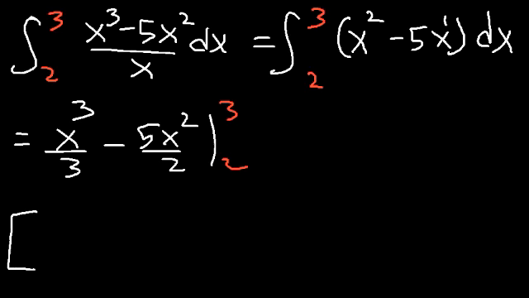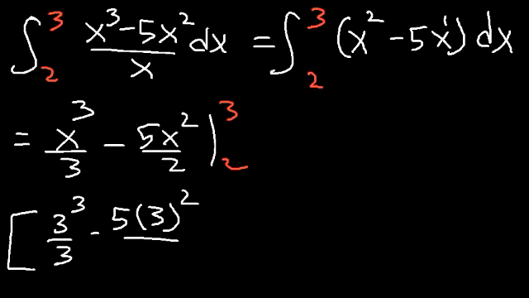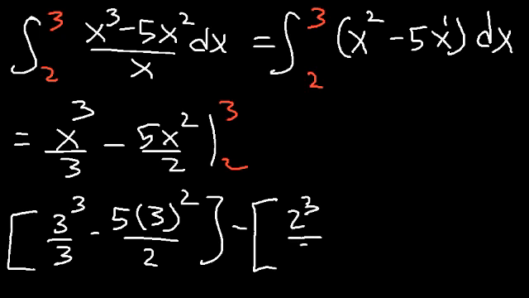So it's going to be 3 to the third divided by 3 minus 5 times 3 squared divided by 2, minus 2 to the third divided by 3 minus 5 times 2 squared divided by 2.